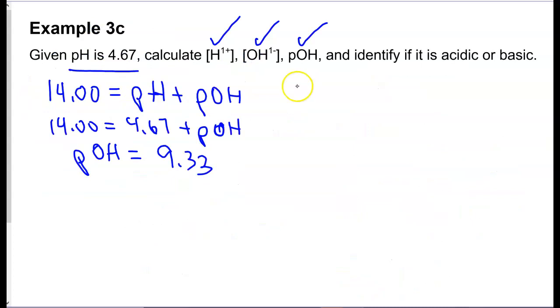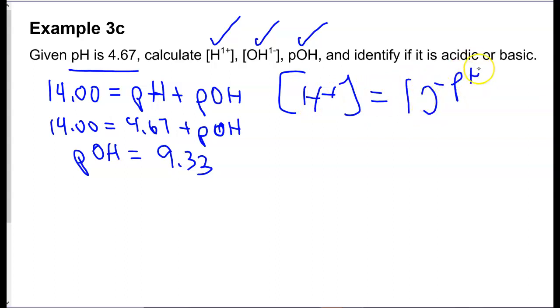So I can say H plus concentration equals 10 to the negative pH. In this case, 10 to the negative 4.67. Obviously, you can't see me using my calculator, but you do need to use the second function of the LOG button. I have to put the negative symbol in first, so negative 4.67.